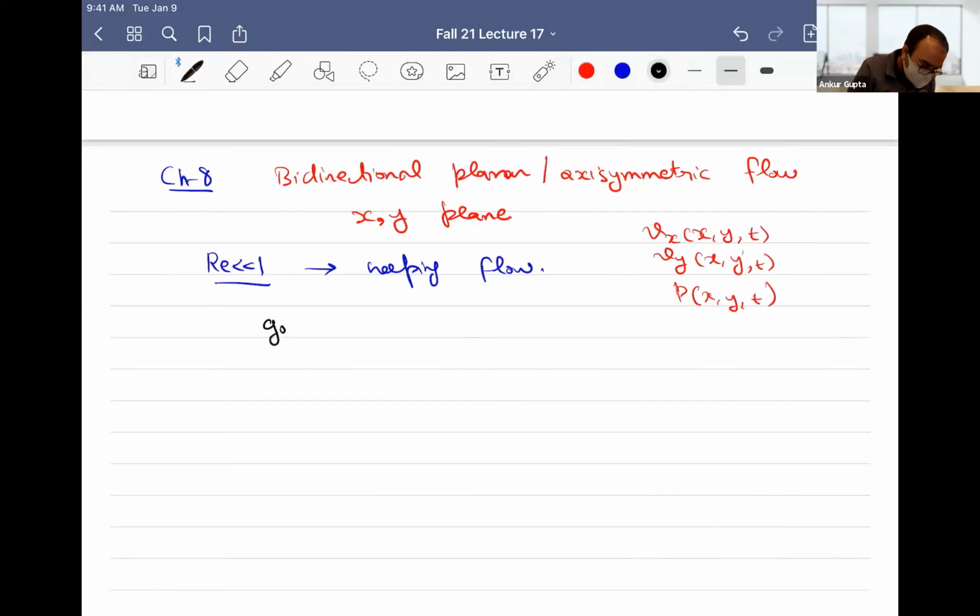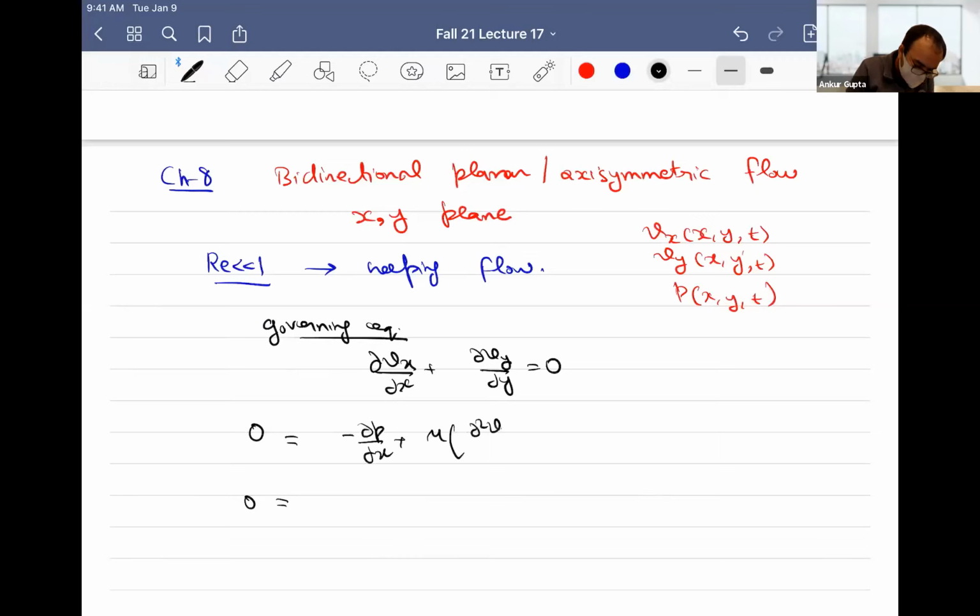So our governing equations are now the continuity equation, which is del Vx by del x plus del Vy by del y is equal to 0. And then our equations for Navier-Stokes are minus del P by del x plus mu del square Vx by del x square plus del square Vx by del y square plus rho gx.